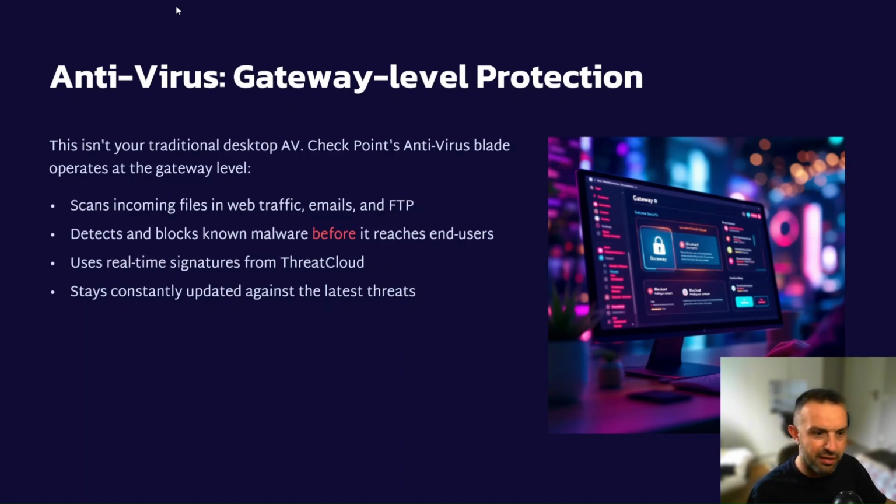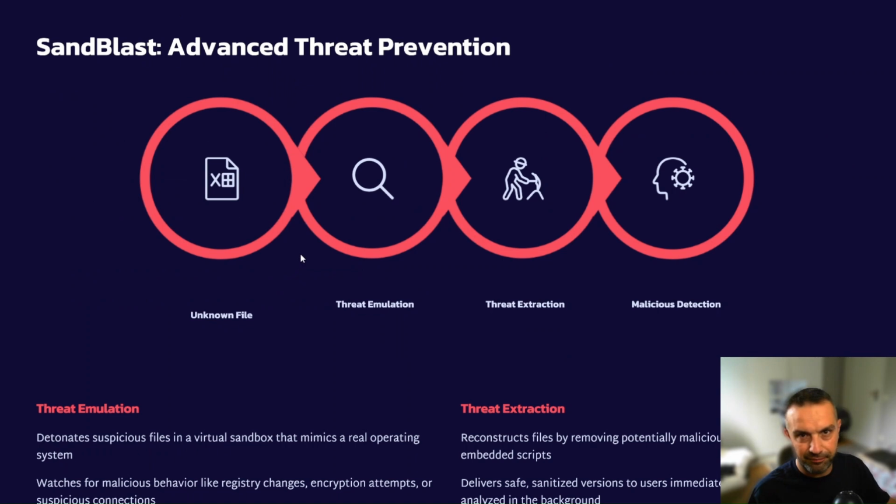And next we have SandBlast. This is Check Point's advanced protections, known collectively as SandBlast. The first part of this is threat emulation. So what do you do with a file that looks suspicious but doesn't match any known virus signature? You detonate it in a safe place.